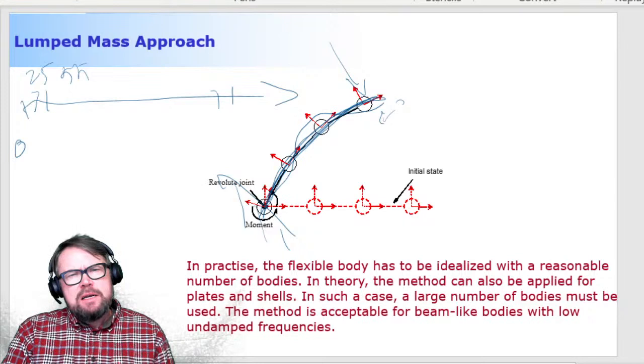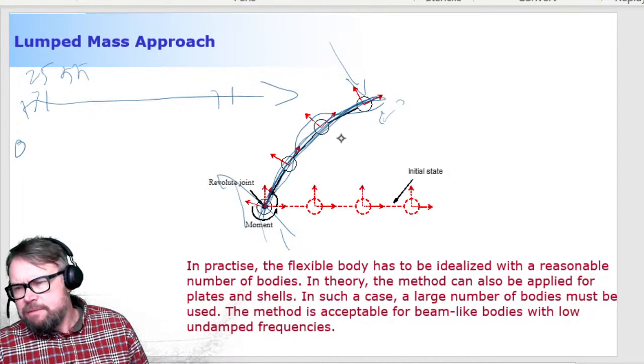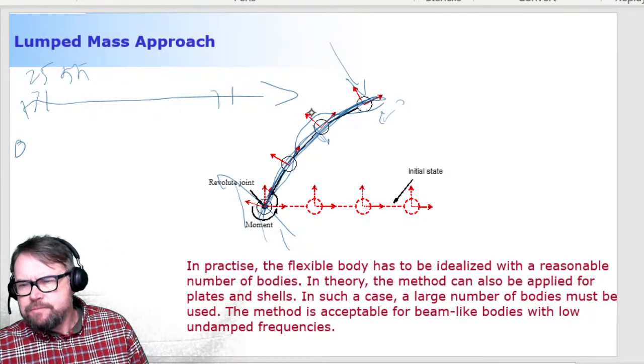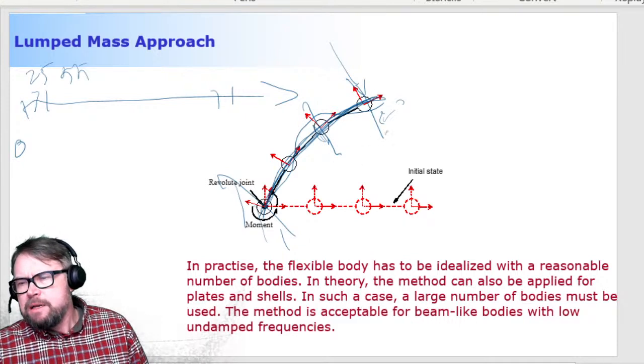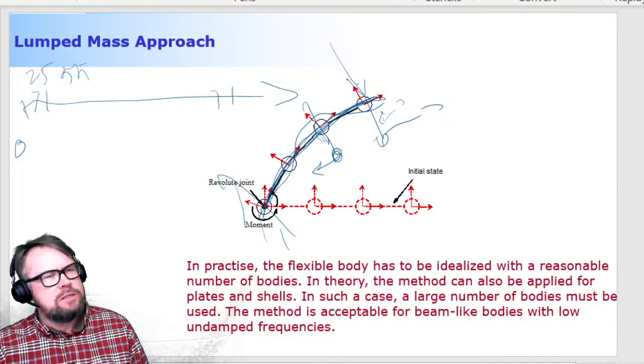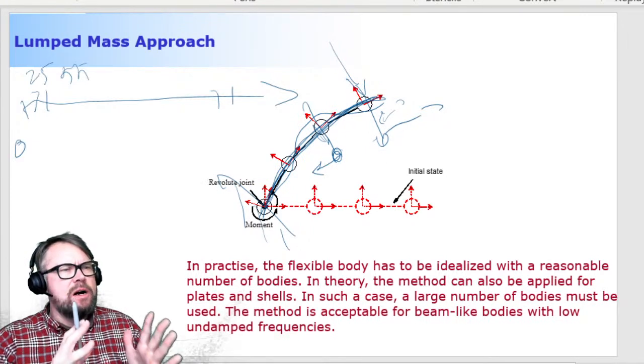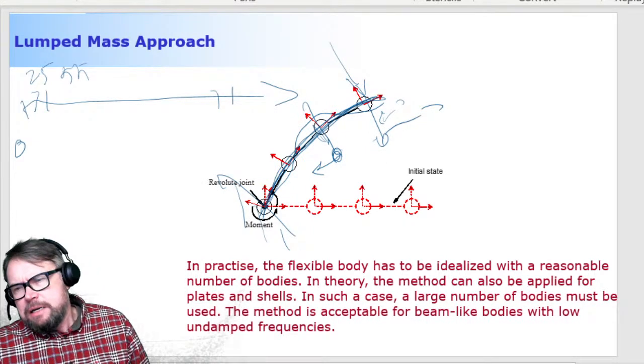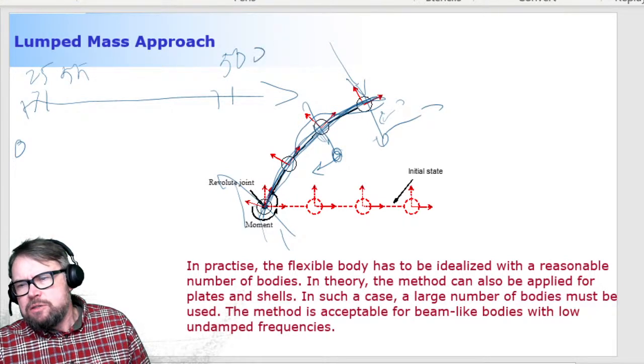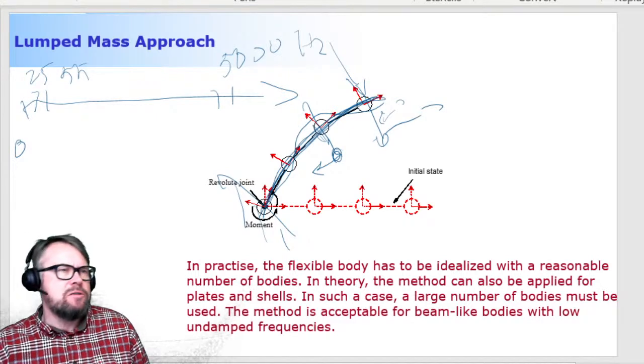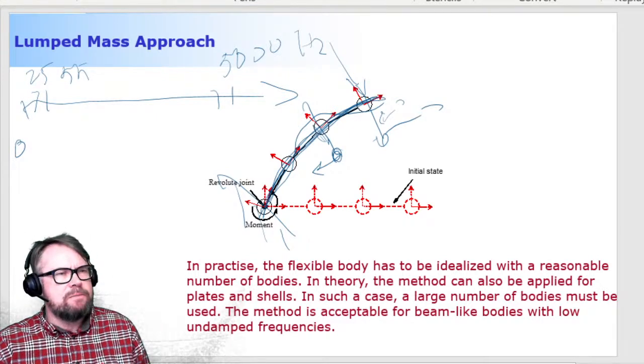But then there are very high frequencies, which are related to axial deformation between, say, this body and this body. When they're moving away from each other in the axial direction, there's a very high frequency associated with that. That could be, say, 5,000 hertz. So now you have low frequencies and high frequencies.